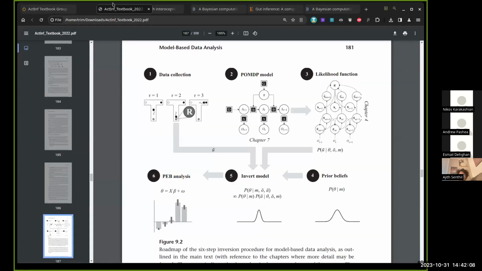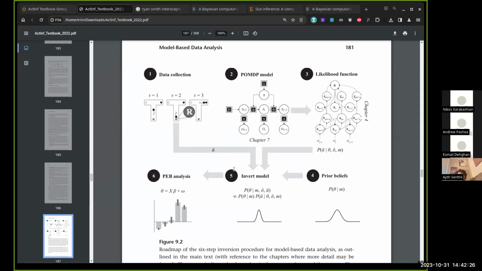But this is a big apparatus to bring out. So if you are just interested in the descriptive statistics, if your question can be addressed with description of behavior, you literally don't need a cognitive model.